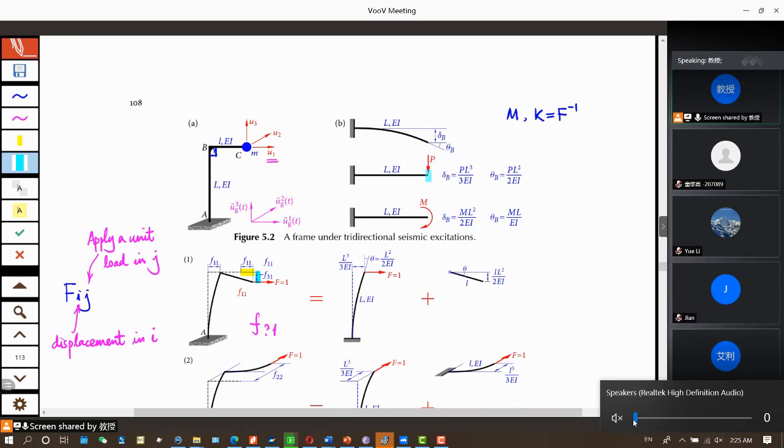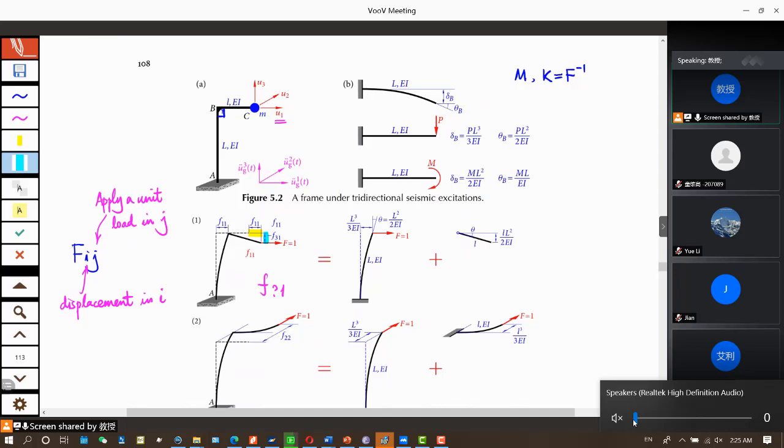So we look at this element, apply a horizontal force, and that's exactly this case. So we find the deflection PL cubed over 3EI, and the theta is PL squared over 2EI.